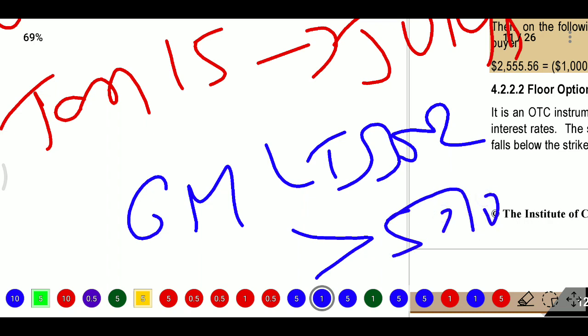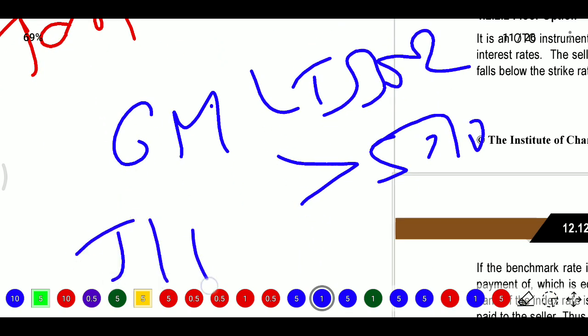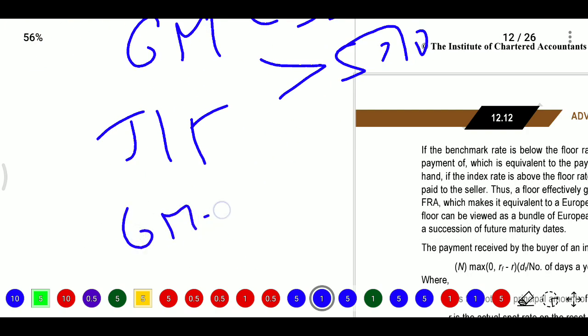For example, on July 15th, suppose the 6 months LIBOR will be 5.5. So on July 15, the cap rate will be 5%, and the rate today is 5.5.